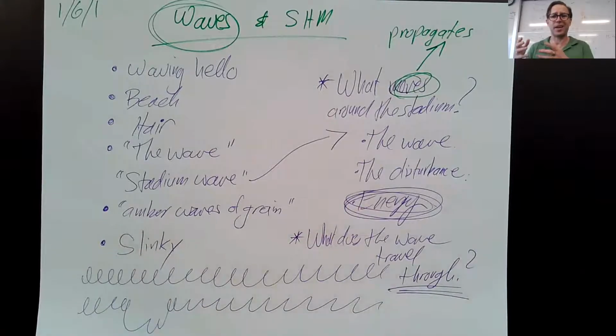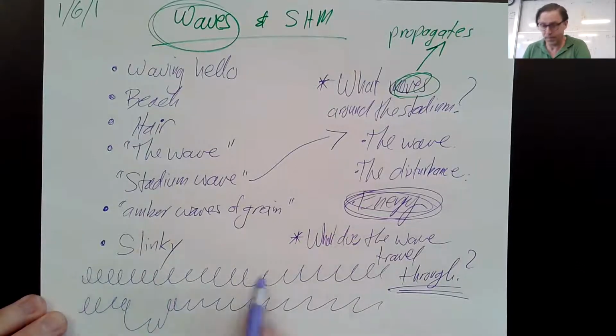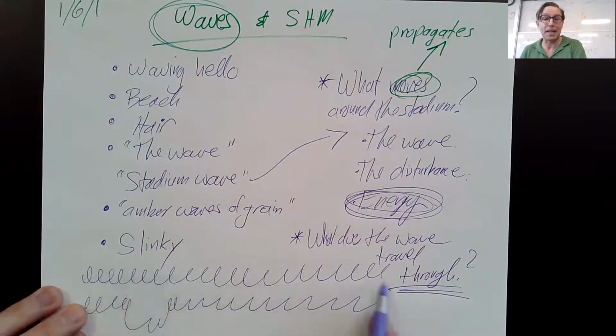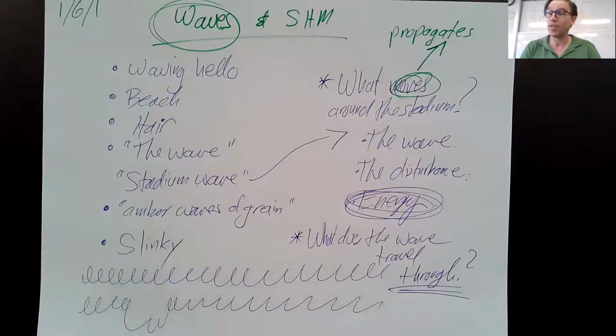What thing, what material, what substance does the wave travel through? Well, for the slinky, the wave travels through the slinky, or the wave travels through metal. For the stadium wave, the wave travels through people. People are the thing through which the wave travels.